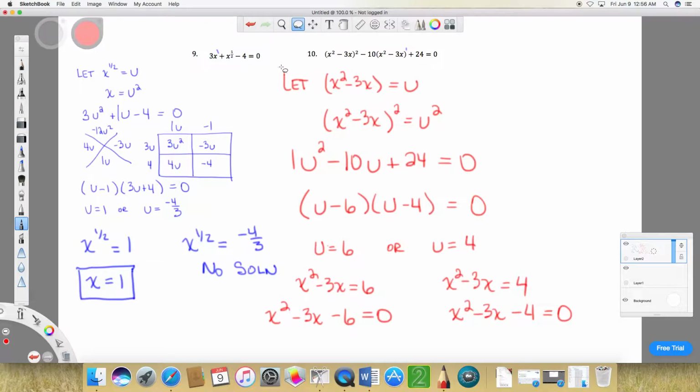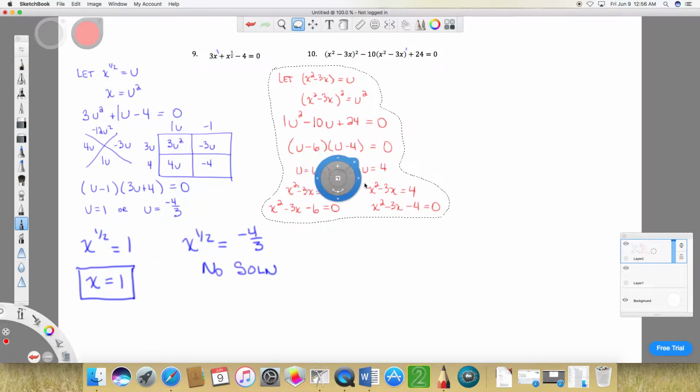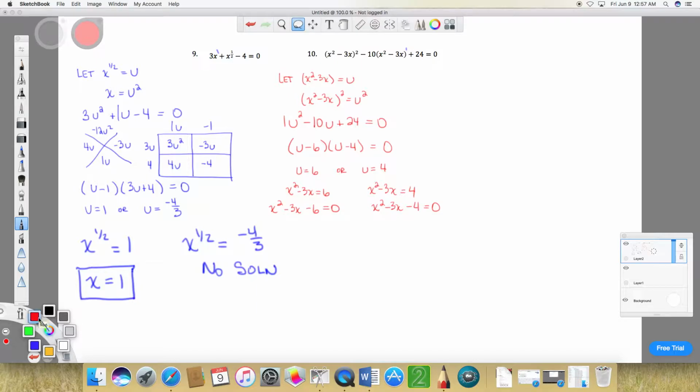All right, so let's shrink this up and give myself a little bit of room to work with. I'm going to find the discriminant here for this one since I can't factor that. If a is equal to 1 and b is equal to -3 and c is equal to -6, what's the discriminant?